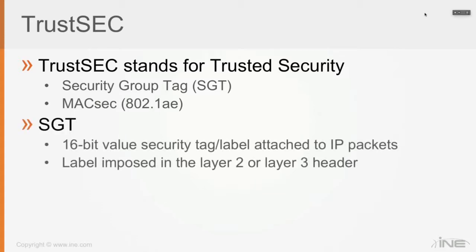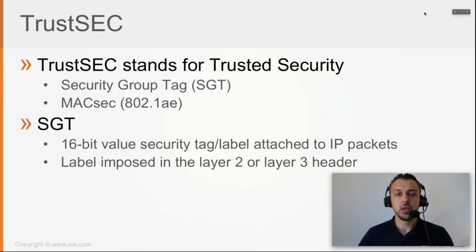Now, SGT is nothing else but a 16-bit value security tag or label attached to IP packets. And the label can be imposed either in the layer 2 header or layer 3 header, or of course both of them. You can look at this tag like the VLAN tag, but while the VLAN tag has the scope of separating the broadcast domains, the SG tag does not.